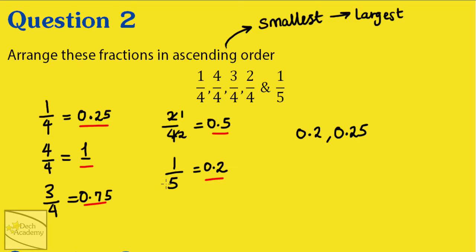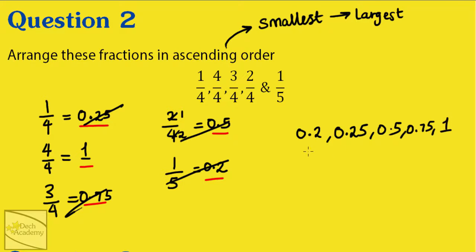Okay, so let's cross it out. With the remaining numbers, which is the smallest? 0.25. So cross it out. With the remaining 3 numbers, which is the smallest? That's 0.5. So I'm crossing it out just to show that I've counted it. Between the remaining 2 numbers, which is smaller? It's 0.75. And then finally we have 1.